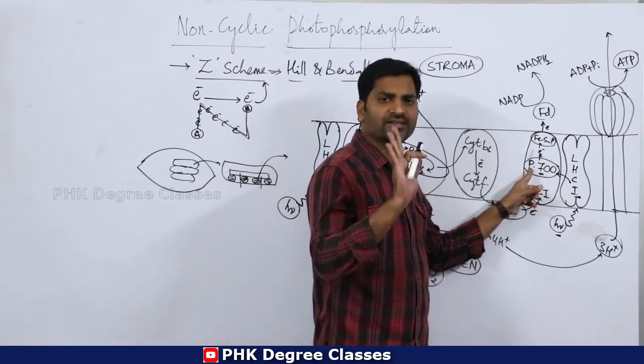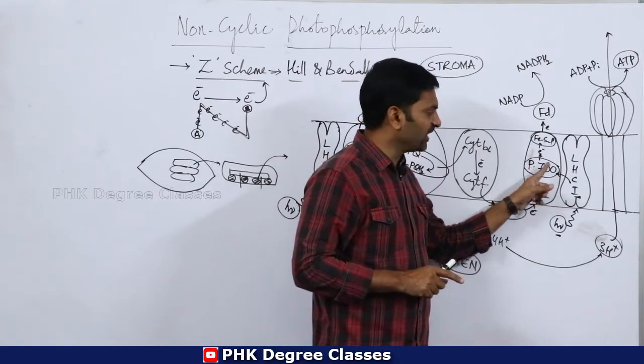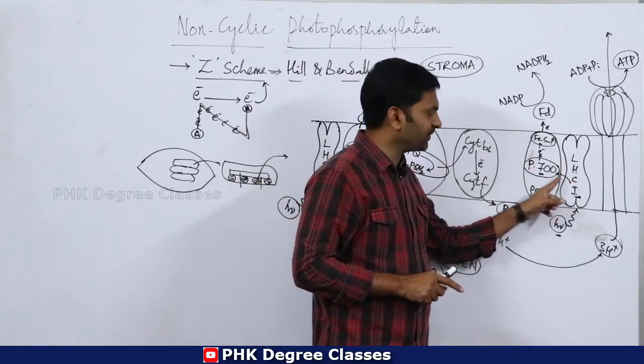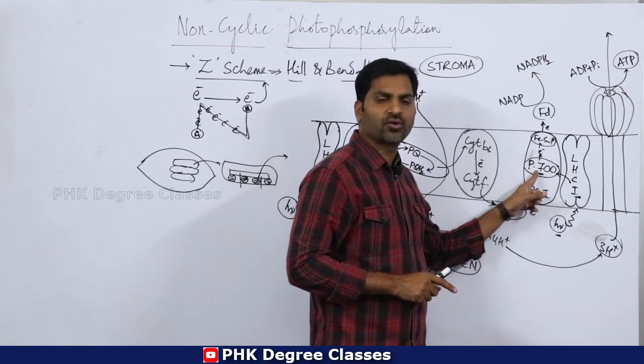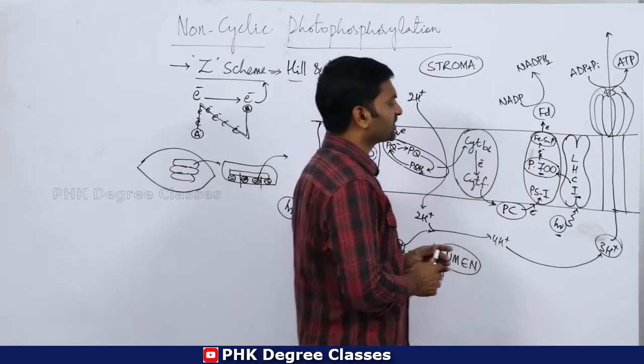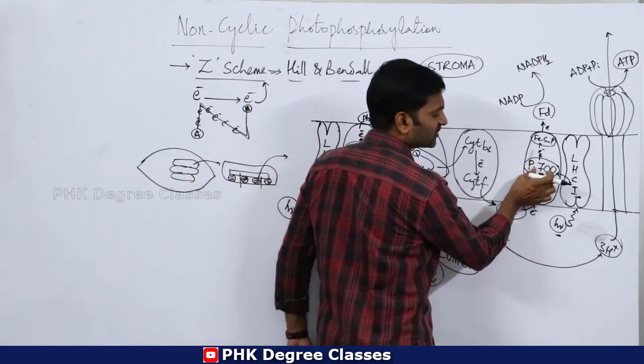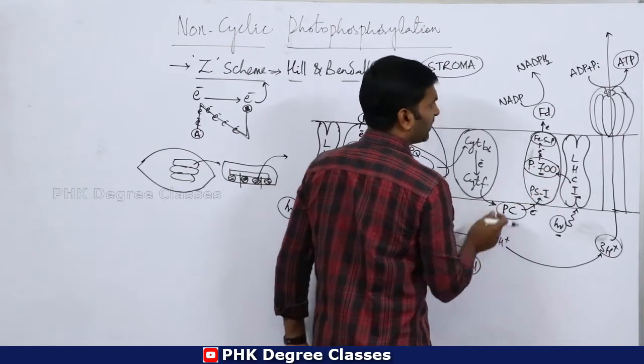P700 is nothing but a chlorophyll A molecule which is more active, and finally this light energy reaches this chlorophyll A molecule, P700. Whenever it receives sunlight, what happens?